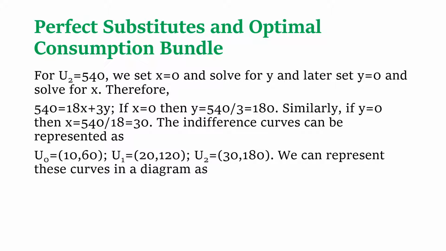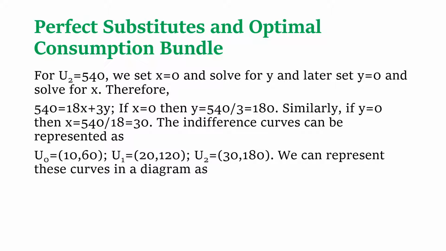Now we do the same thing for u2. And once we have done that, we're going to have points on the indifference curve as well. For u0, x is 10 and then y is 60. Then for u1, x is 20, y is 120. And then for u2, x is 30 and then y is 180.